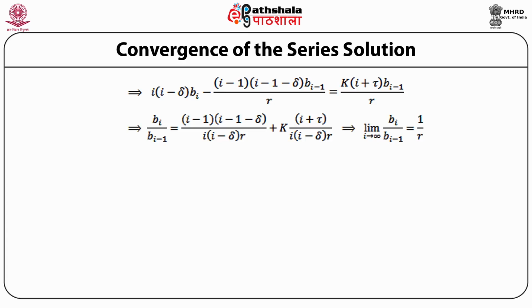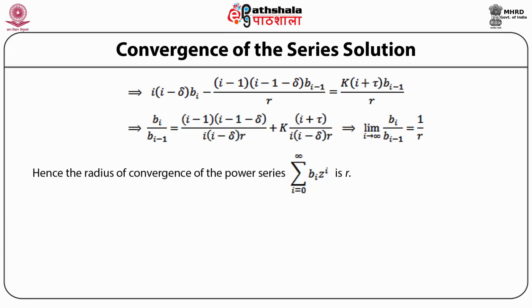From this equation, the ratio of Bi by B_{i-1} comes out to be equal to (i minus 1)(i minus 1 minus delta) divided by i(i minus delta) r plus capital K times (gamma + i) divided by i(i minus delta) r. This implies limit i tending to infinity Bi by B_{i-1} is equal to 1 by r.